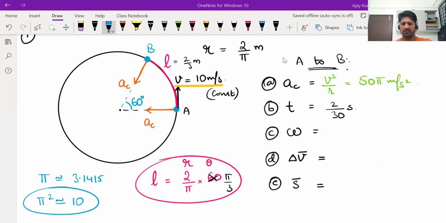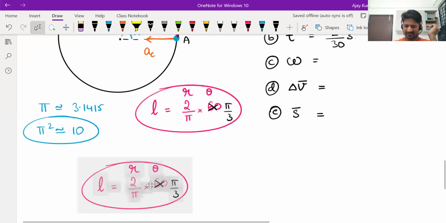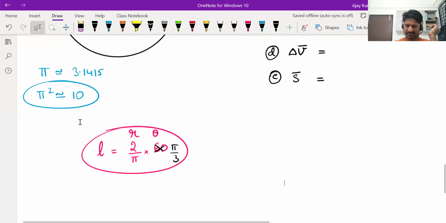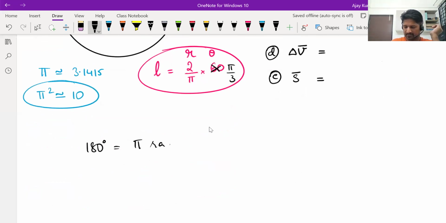You mean it doesn't cancel? Because in one place it is 180 and in another place 3.14, sir. I understood your doubt. The pi here is not 180. When we say 180 degrees is equal to pi radians, the numerical value of pi will not change. It is 3.14 only, it is 22 by 7 itself. Pi is always 3.14.